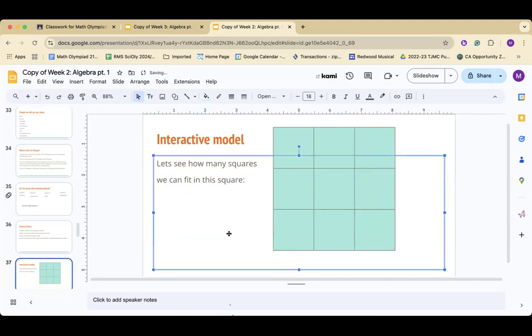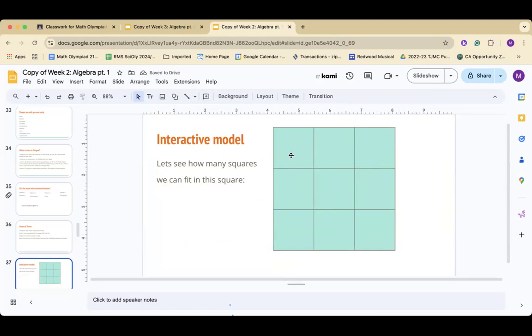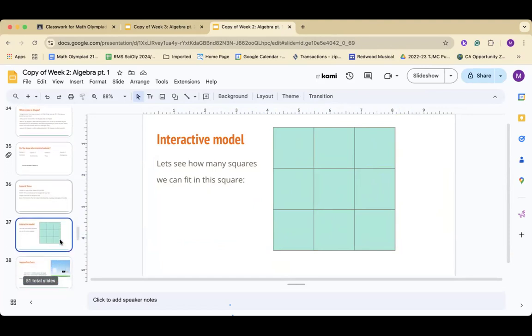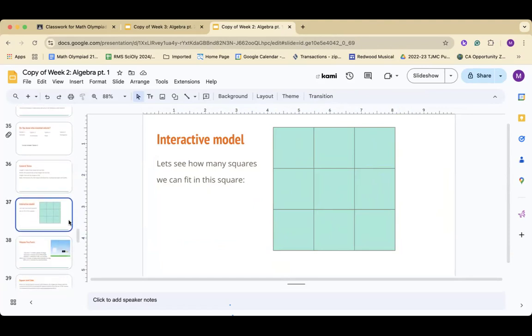We can fit 9 small squares in that one big square. So if we're looking at area, we would consider this area to be 9 units squared. Yeah. Okay.